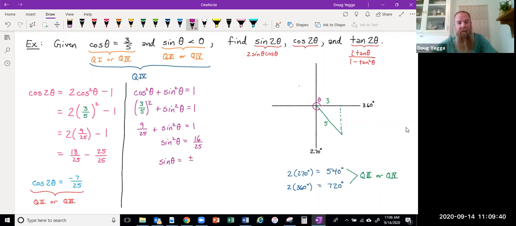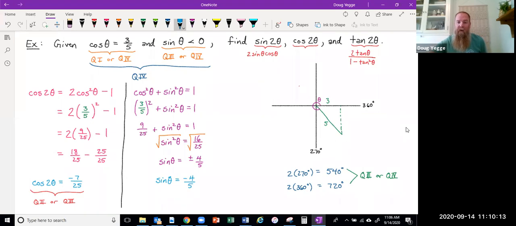Every time we take the square root of both sides, we can't forget that we're taking the plus or minus of that result, which means that my answer is plus or minus 4/5. But this is where we just have to realize that it told us up top that sine of theta was negative. So that must mean that my sine theta is negative 4/5.